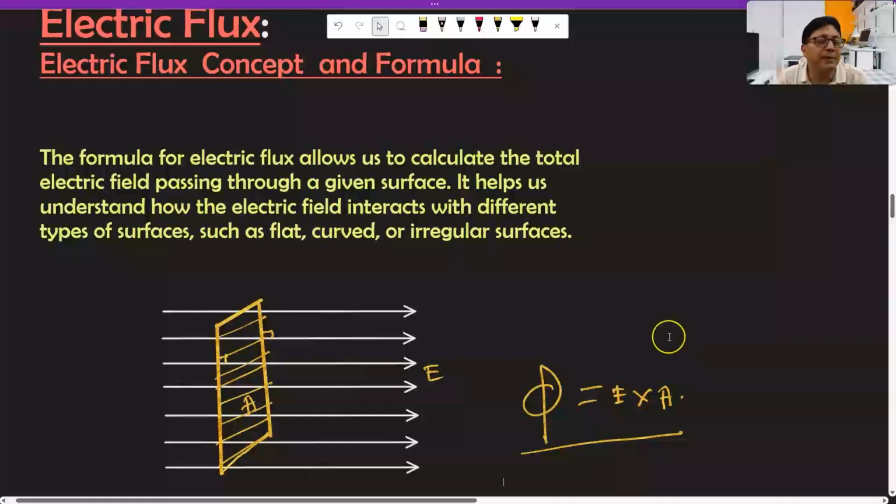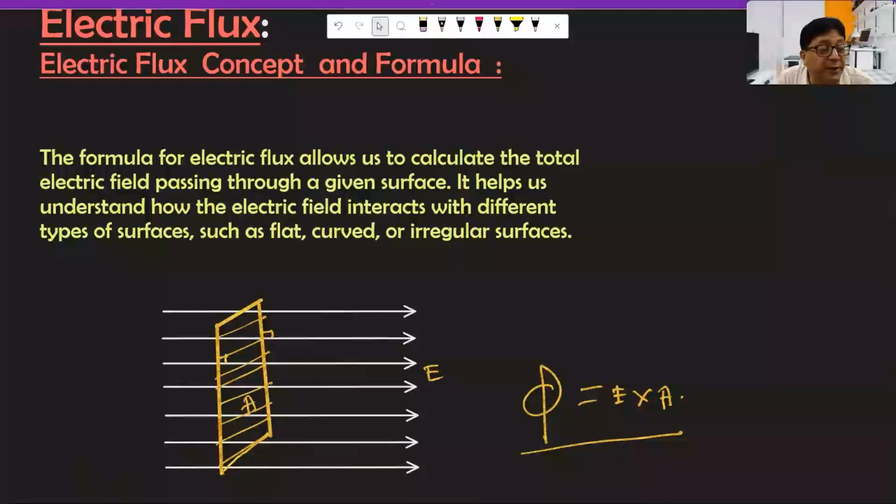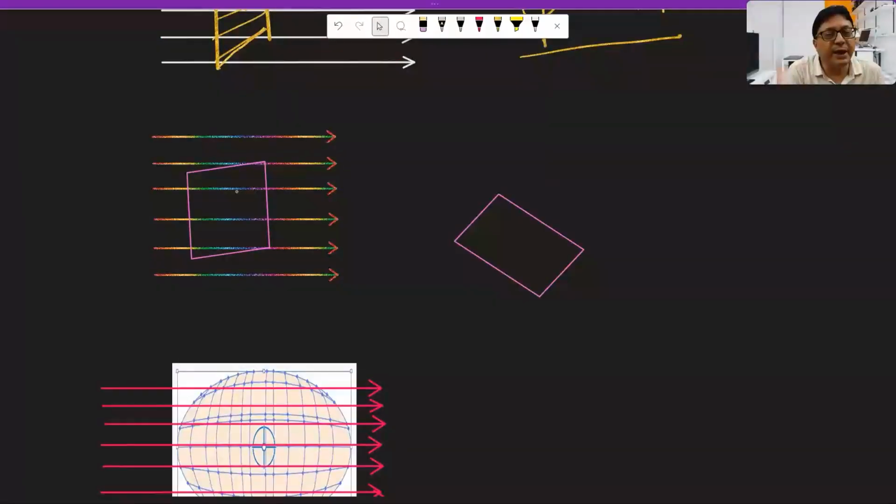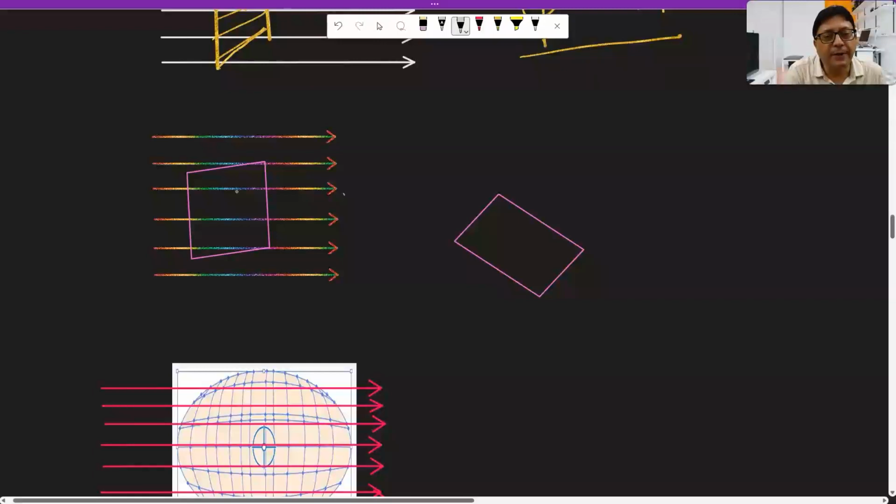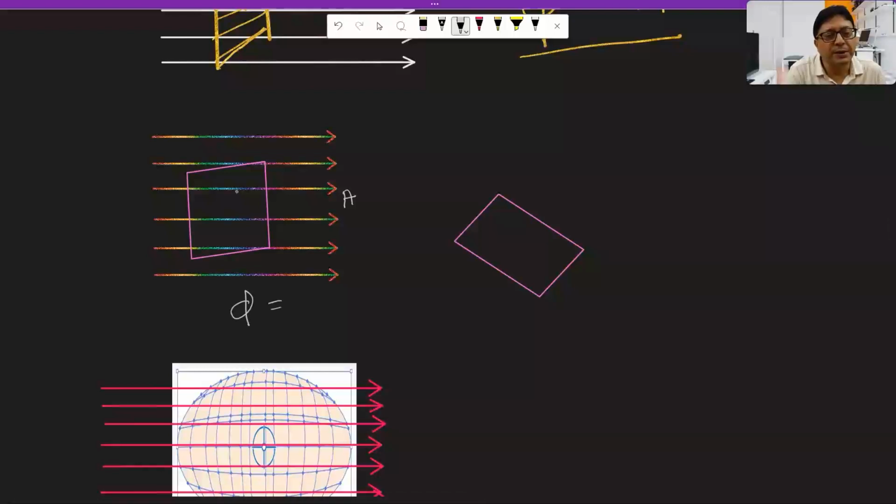But there is a problem when this plane surface becomes a little bit inclined with the direction of electric field. I mean, not 90 degree, other than 90 degree. Then what is going to happen? Imagine this area held perpendicular to the direction of flow of electric field lines. Then phi will be equal to what?